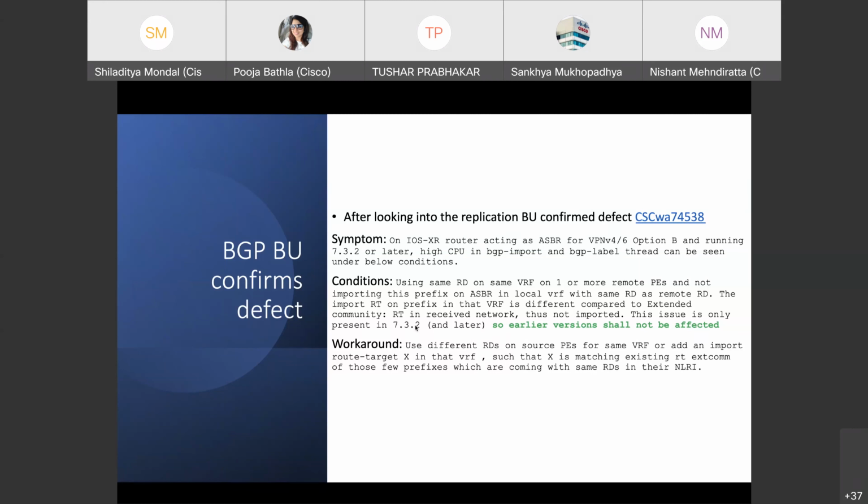You can share this defect. It is already there, so we can check the defect. You mentioned this is only present in 732 and later, and it was not there in previous releases, right? So there must be some changes. Yes, either it could be a bad code fix or some other improvements they were doing in the code, and then they landed in this race condition scenario.